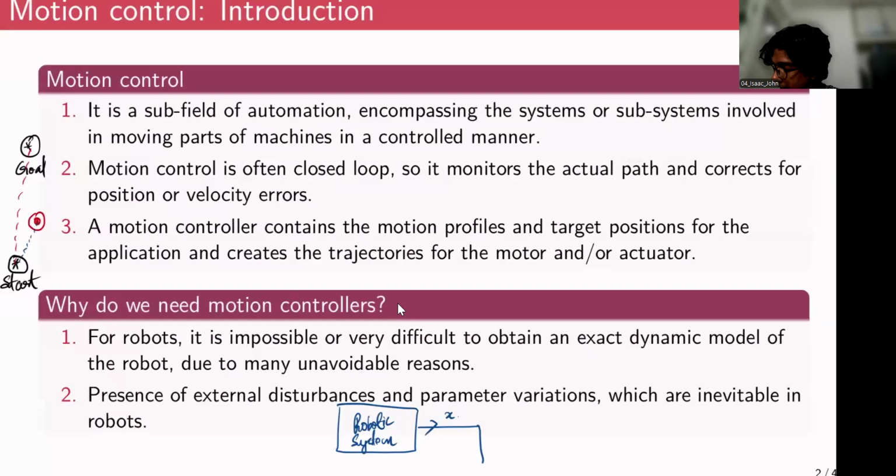Maybe you can call these x dot and x double dot, which are its trajectory. You can measure the trajectory using some sensors, so this will pass through some sensors, right? And I'll label these as the actual trajectory.